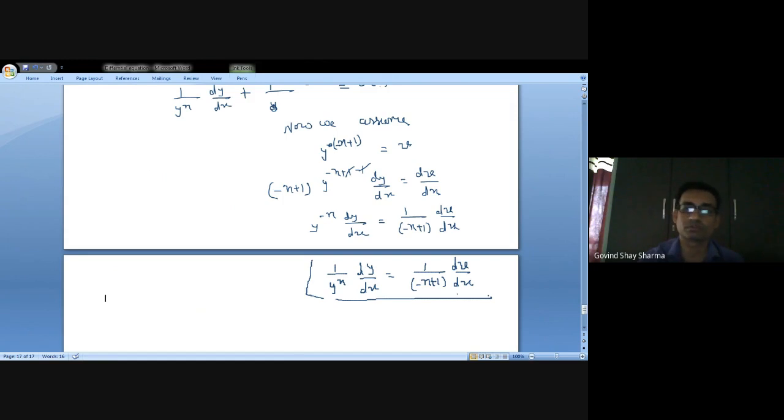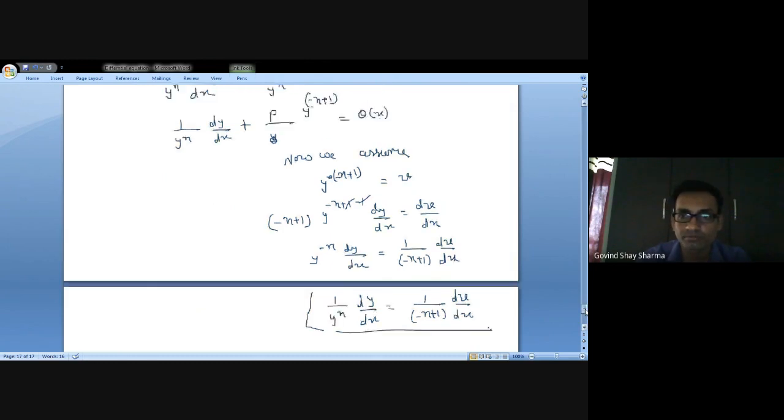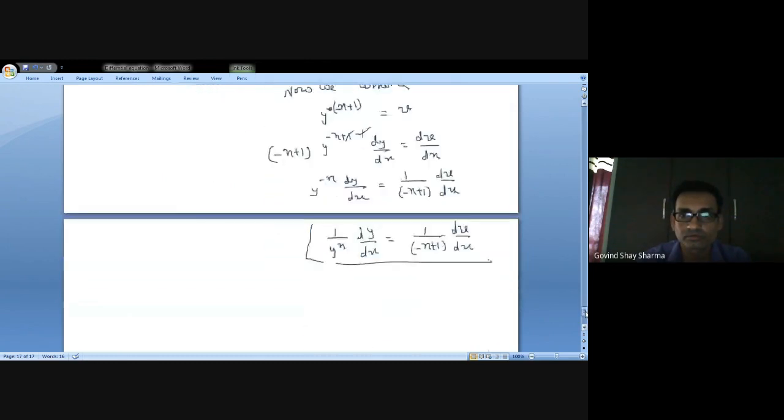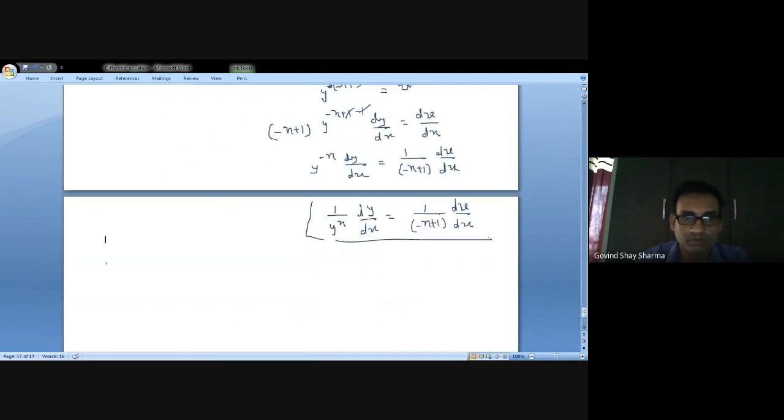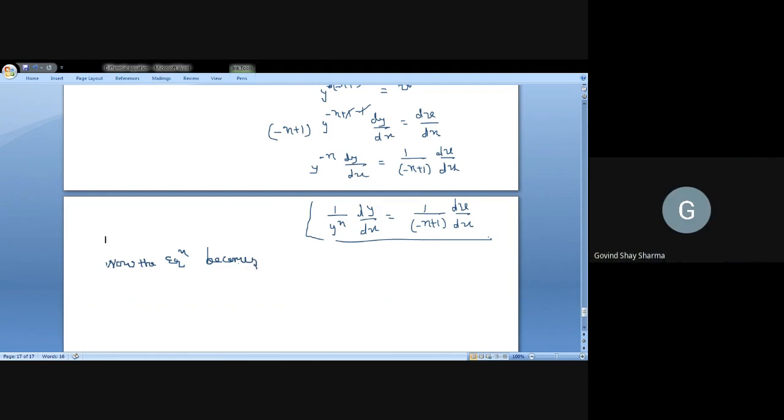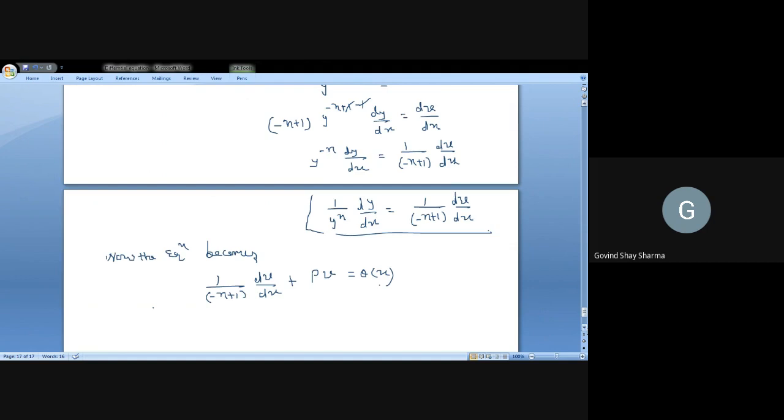Okay, so we replace this inside, and our equation becomes: now the equation becomes (1/(1 − n)) dv/dx + Pv = Q. Now this is the form of a linear differential equation.